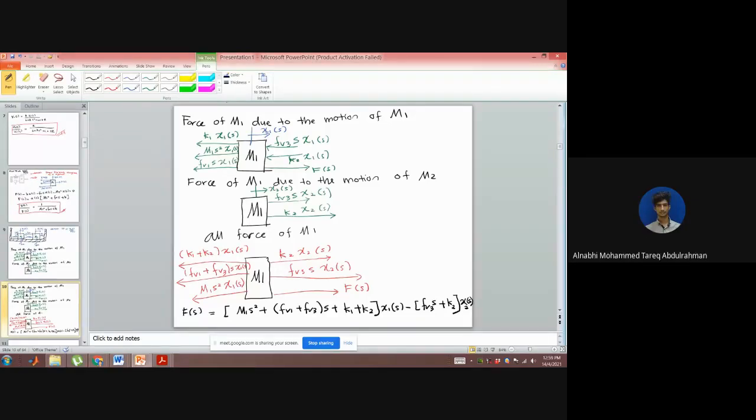X to s: M1 s square plus FV1 plus FV3 times s plus K1 plus K2 X1 s minus FV3 s plus K2 times X2 s. Okay, very good. You see, okay?